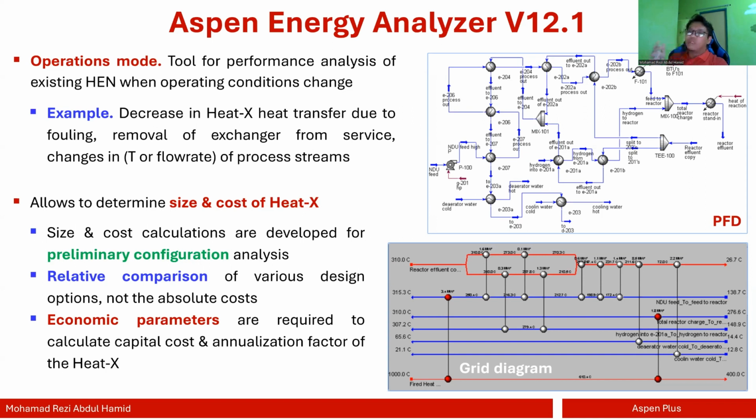For the costing, it's better to use the economic evaluation within Aspen Plus, because the one in Aspen Plus is more comprehensive. But as I said, it will give you some monetary values which you can refer to, for comparison purposes only, but not as absolute numbers.